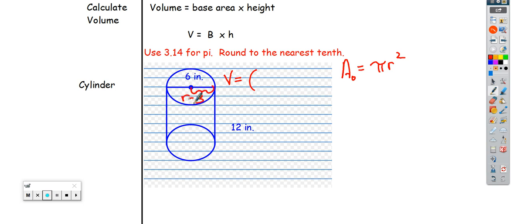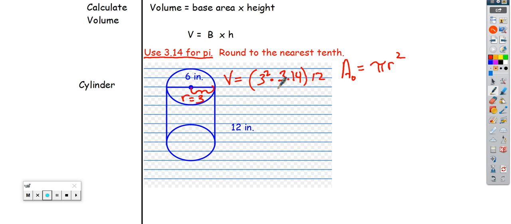My radius is 3 inches. So my radius times my radius, that's 3 squared. I'm going to use 3.14 for pi because it tells me to. Please do that in your book as well. When you do your homework, use 3.14 for pi. And the height of my figure is 12.